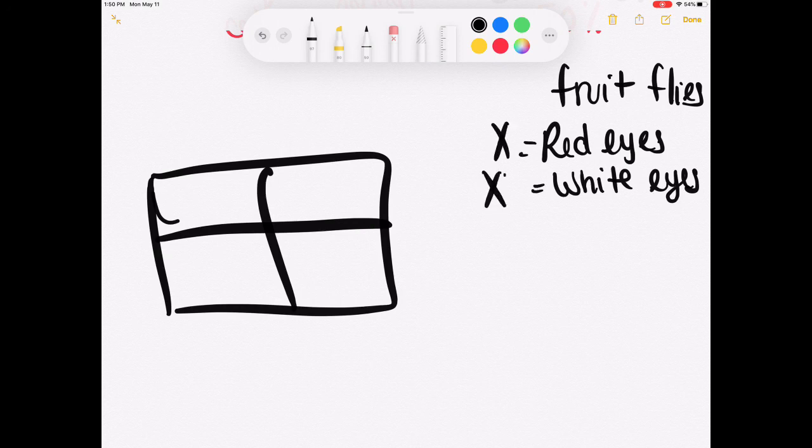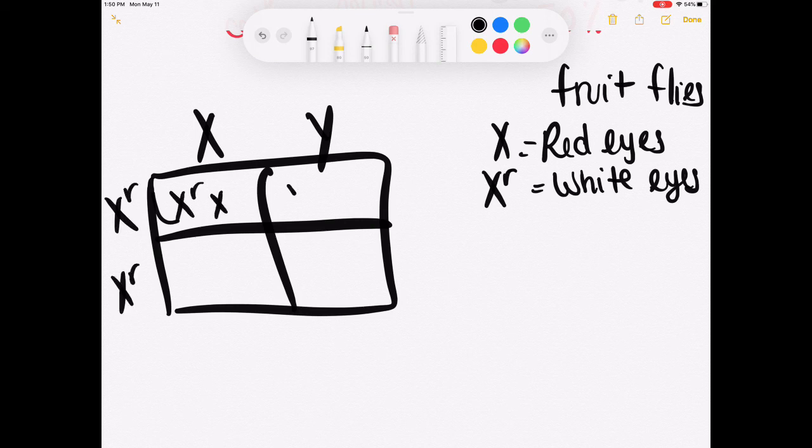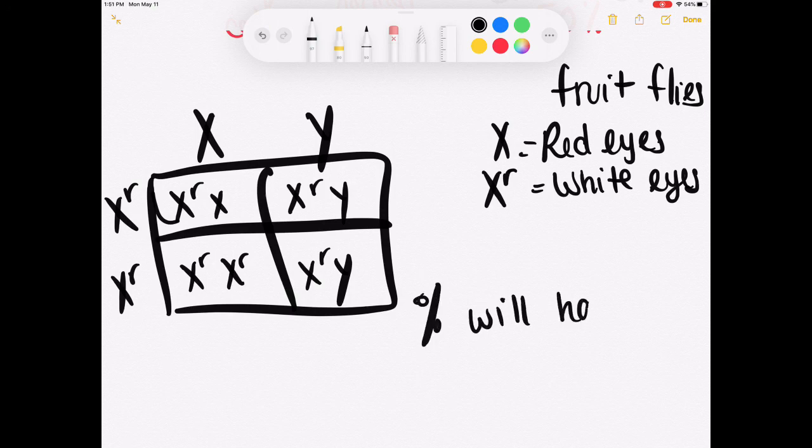If they have white eyes, there's this letter attached to the X. In this case, we're going to use a normal male and a white-eyed female fruit fly. And I'm going to fill in just as I would any Punnett square with the little letter attached to the X.